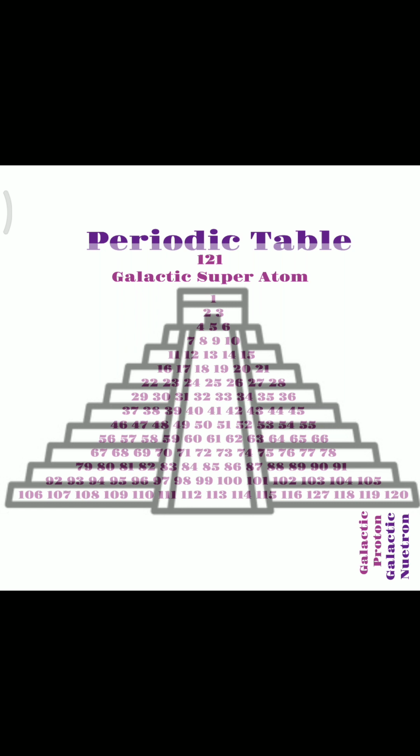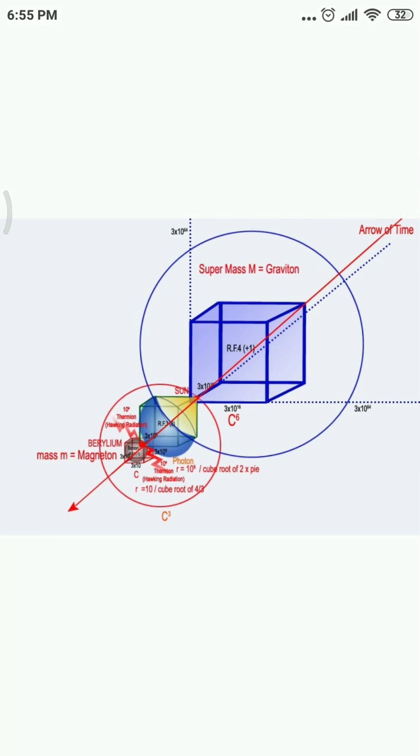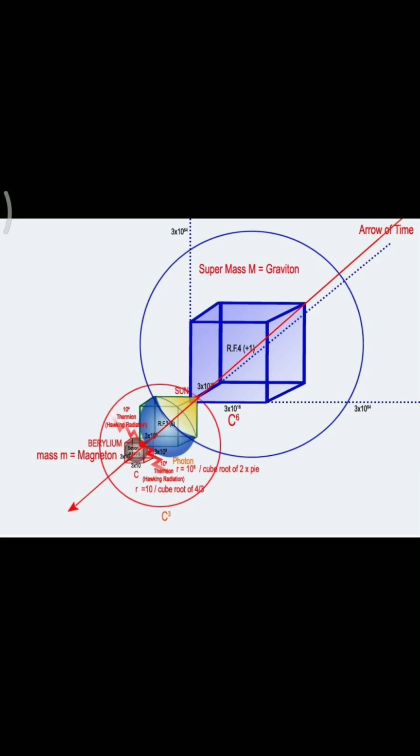Let us go to the other slide here. I wrote a book in 2010, and this is an illustration from that book. This is the pure energy, what I refer to as 16 cube, the fourth sun.